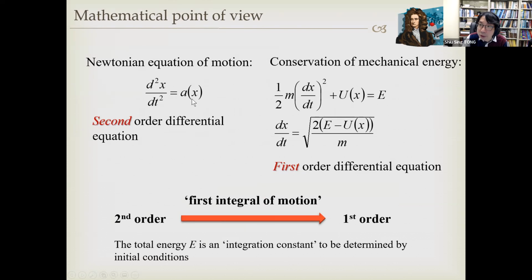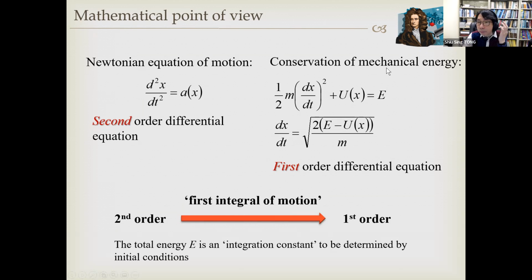And for a conservative system, the acceleration is a function of position only. It's independent of velocity. Now you can see this equation is a second order differential equation in time, okay? Which means that it involves the second derivative of x with respect to t.